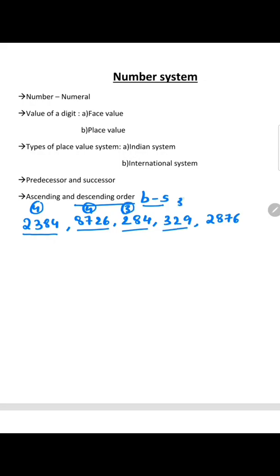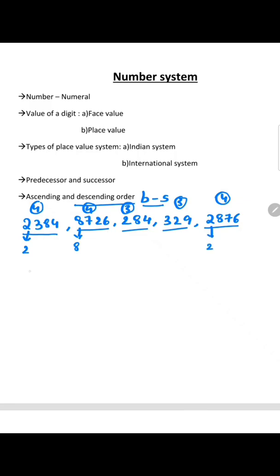This number has 3 digits. And the last number has 4 digits in it. So first, as I told you, descending order means big to small. So we need to take 4 digits first, because 4 is greater than 3. If I see, I have 2 in the thousands place, I have 8 here, and I have 2.